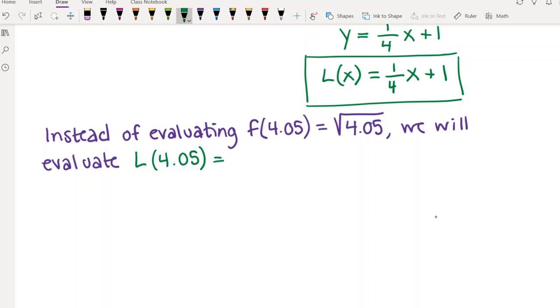So that would be putting 4.05 in for x in the equation that I boxed there. So that would give us 1/4 times 4.05 plus 1.